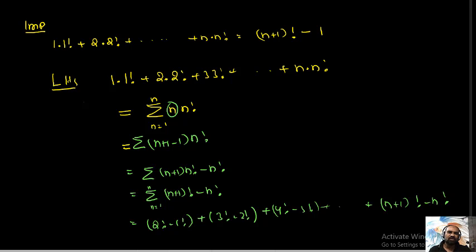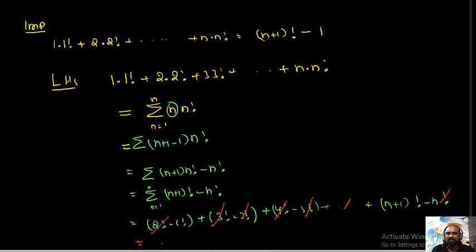Students, observe here. What happened? This 2 factorial gets cancelled. This 3 factorial gets cancelled. This n factorial and the previous n factorial will get cancelled. This 4 factorial gets cancelled. What is left with us?